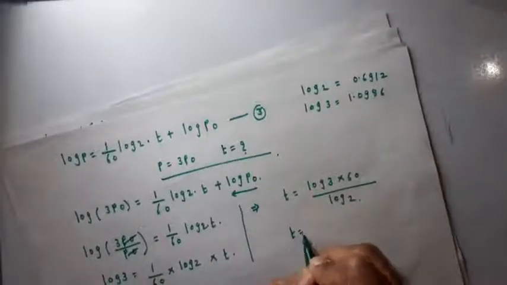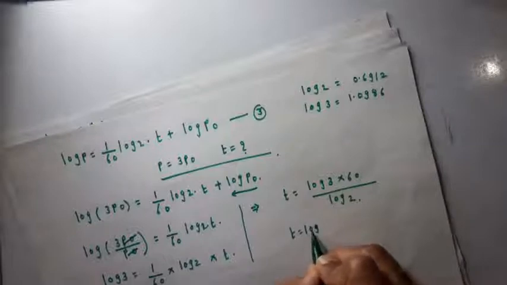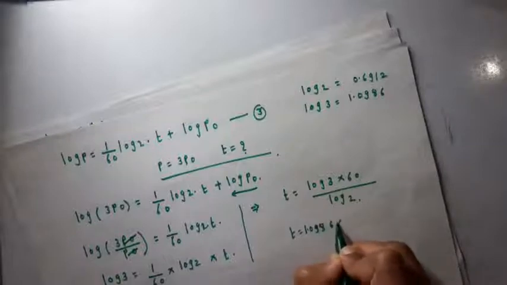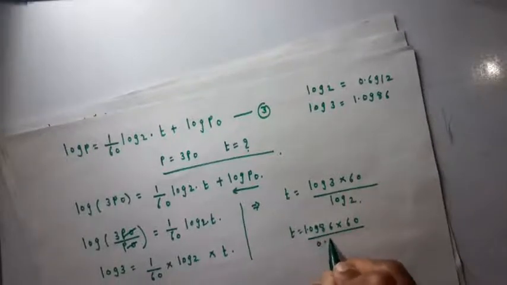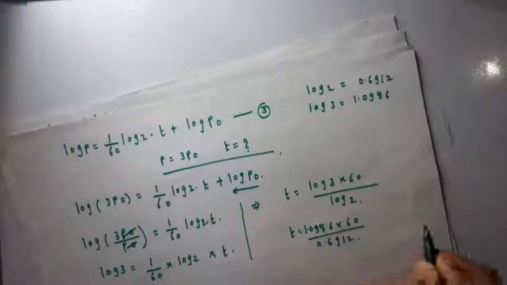So put the values, we get t equal to 1.0986 into 60 upon 0.6912.